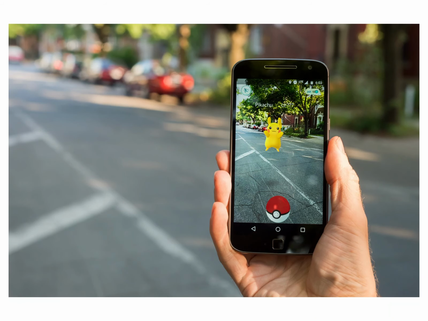The next trend I'd like to mention is augmented reality. Different from virtual reality, in augmented reality, sounds, text, or images are superimposed over the view of a real world situation or image.